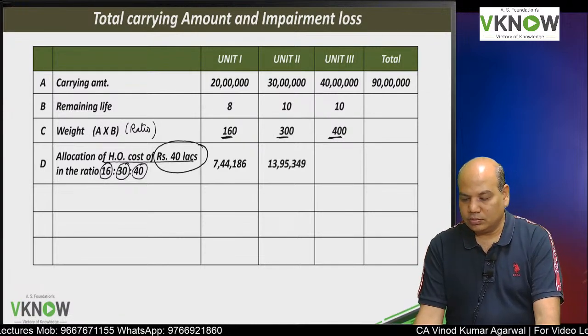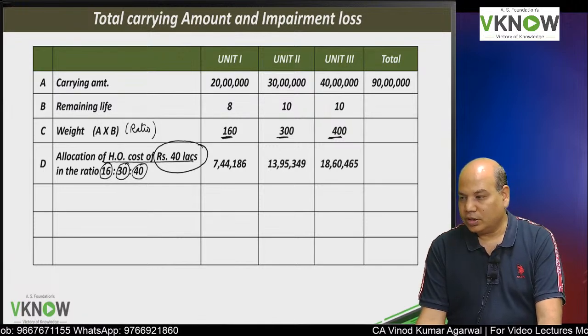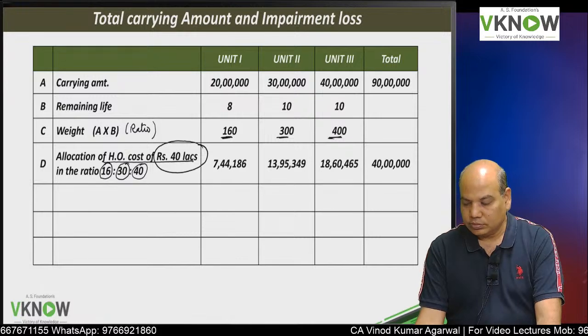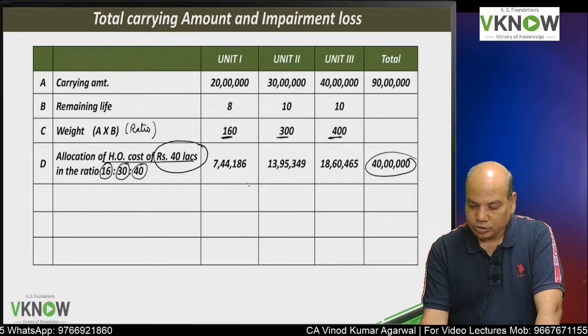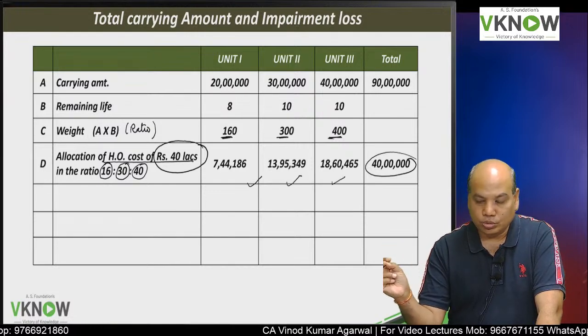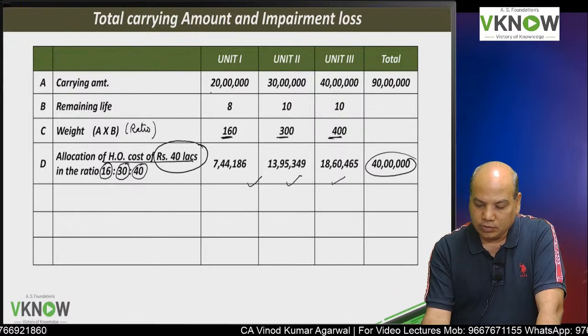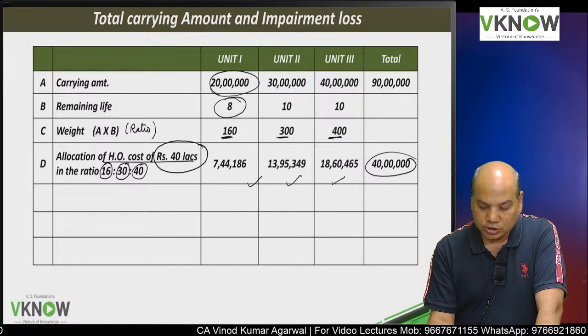Then you will get 1,395,349. You will get 1,860,465. Total is 40 lakh. So 40 lakh allocated in the ratio of 16:30:40. We are giving weightage to both the factors for the purpose of allocation.